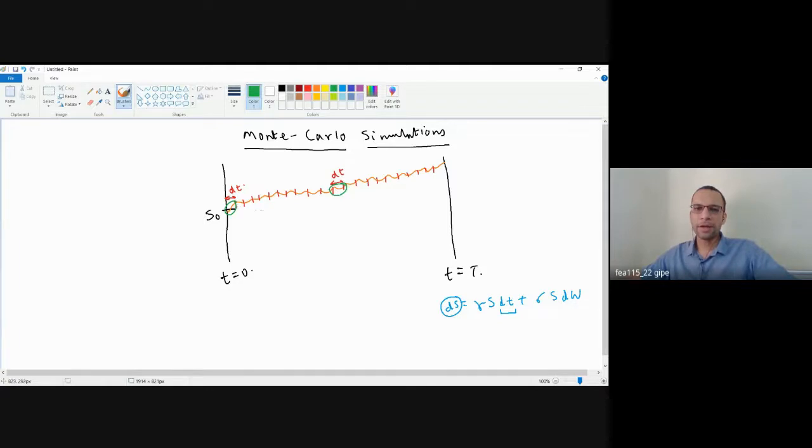That way I have multiple values of dS which I fuse together to get my entire stock price path. This is how I can use this equation to simulate one asset price path. Any questions on this?